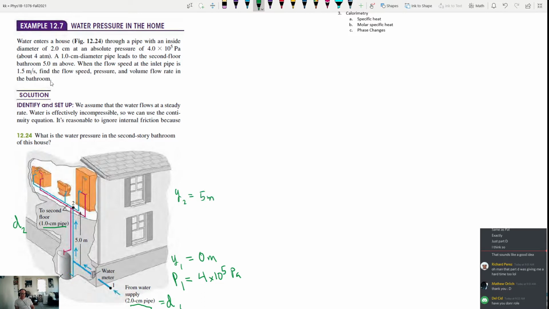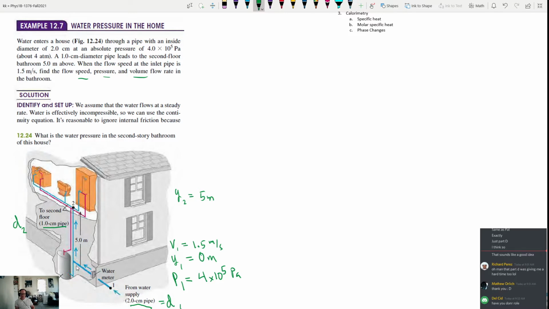When the flow speed in the inlet pipe is 1.5 meters per second, so given that the velocity of the flow down here is 1.5 meters per second, we want to calculate the speed, pressure, and volume flow rate in the bathroom. There's a bathroom here with a sink, a toilet, and a shower, each of which has hot water and cold water coming in.